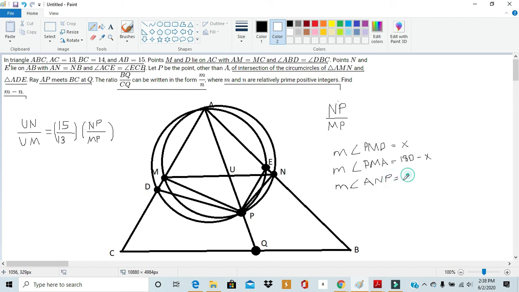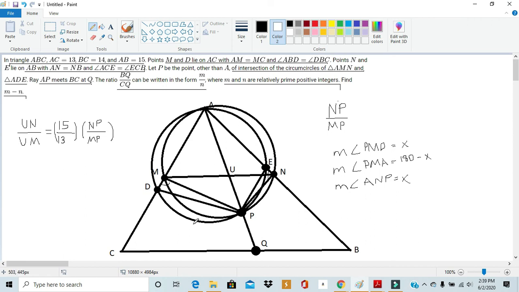So basically what we just did here is we found that the measures of angles ANP and the measures of angles PMD are the same. This angle is equal to this angle. And we proved it by exploiting a property with angles on a line and then using another property of cyclic quadrilaterals. So that's one angle that we found in common between these two triangles.